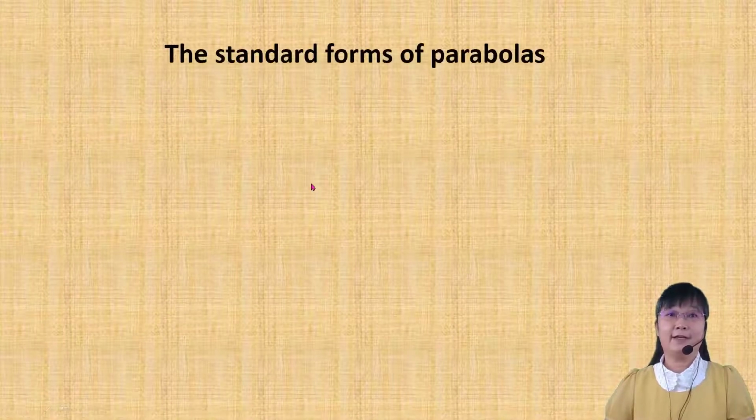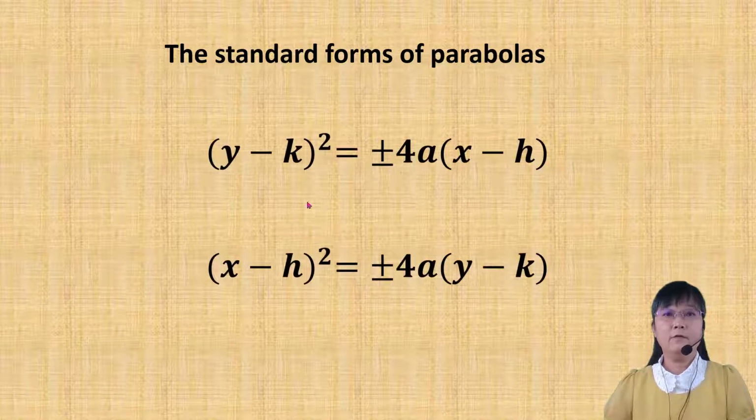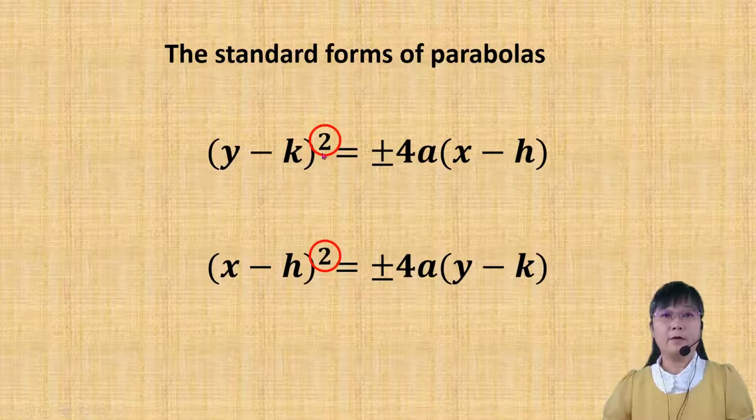Now we go to the standard forms of parabolas. For the standard form of parabolas, one of the terms is power 2, then the other term is linear. For example, if term y is power 2, then term x is linear. If term x is power 2, then term y is linear.